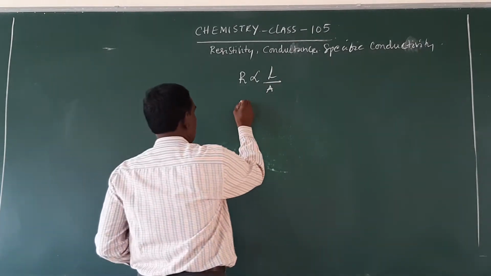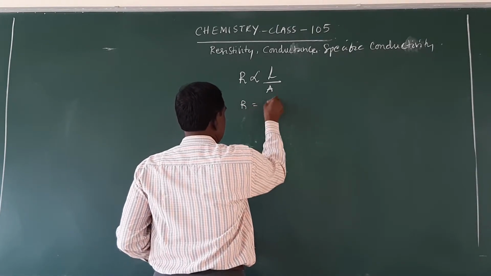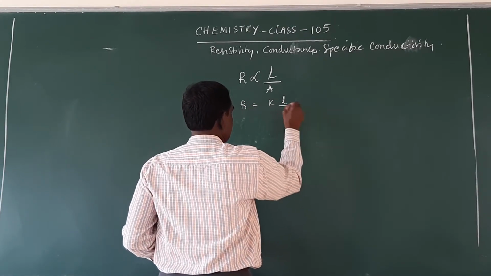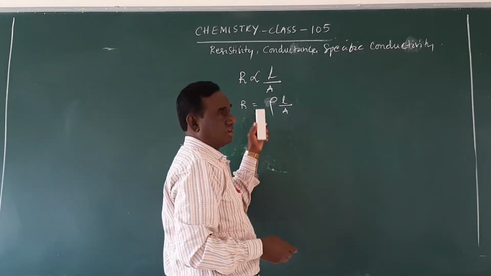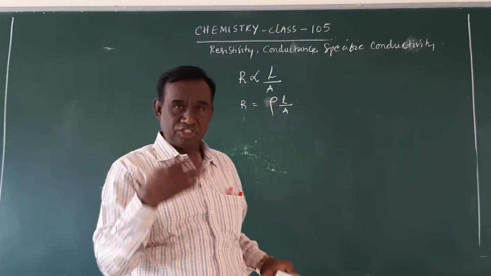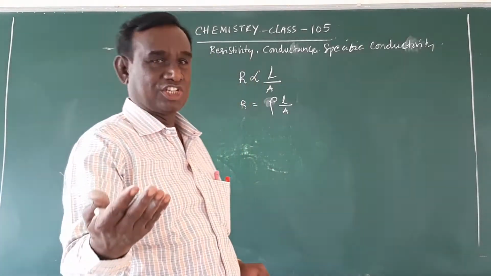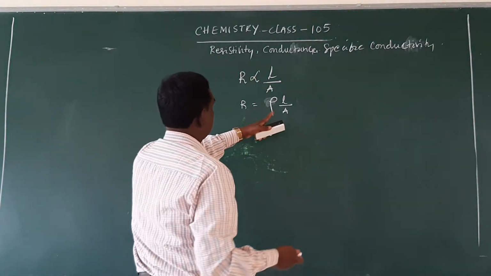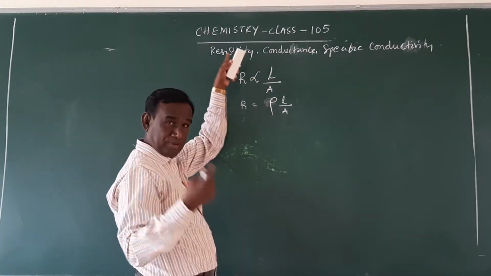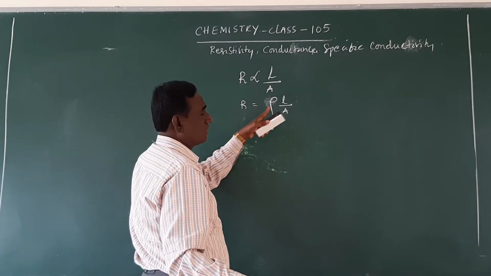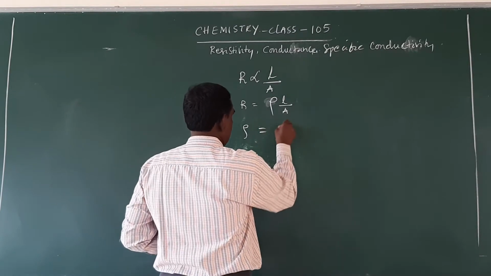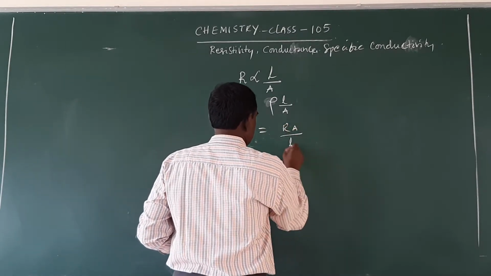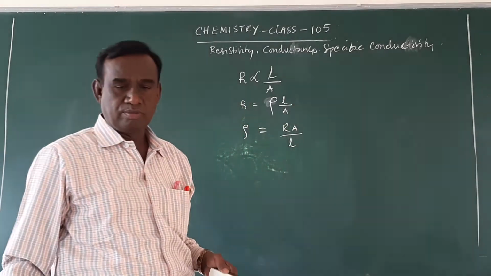So R is equal to rho into L by A, where rho is the constant of resistivity or specific resistance. That is, rho is equal to RA divided by L.